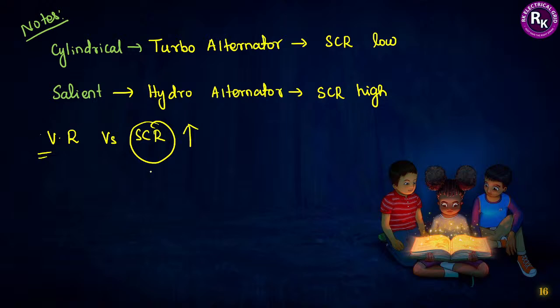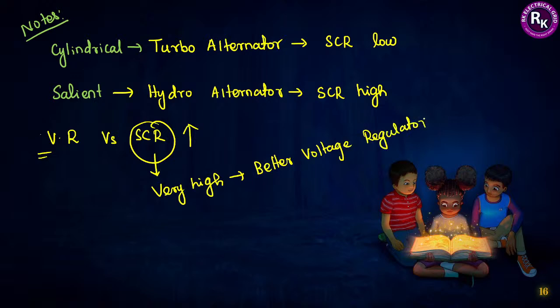So in a synchronous machine, whenever you are observing that the value of short circuit ratio is very high, it means it is having better voltage regulation. I am just concluding from the observations. So it is having better voltage regulation.